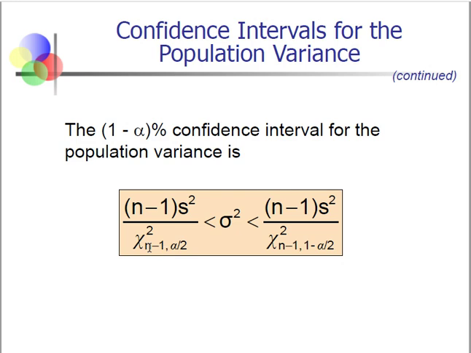Note here that the first one is the chi-square value at alpha over 2, and then we also have the chi-square value when we're using 1 minus alpha over 2. You need to take note of this. This is how you're going to find the difference in the values, because the numerators are the same but the denominators are different. One has alpha over 2, and the other has 1 minus alpha over 2.